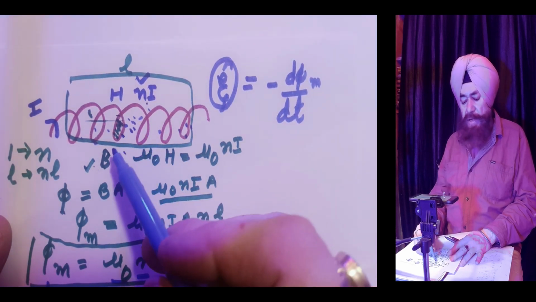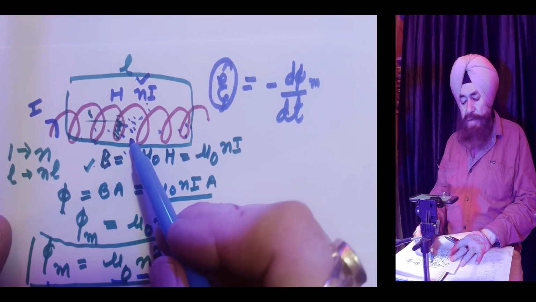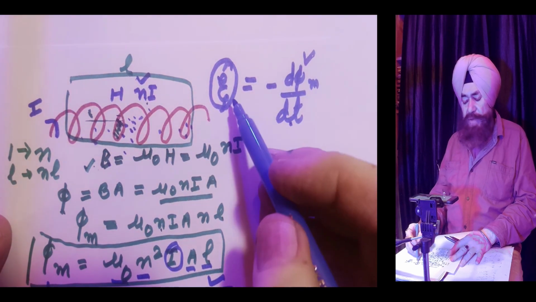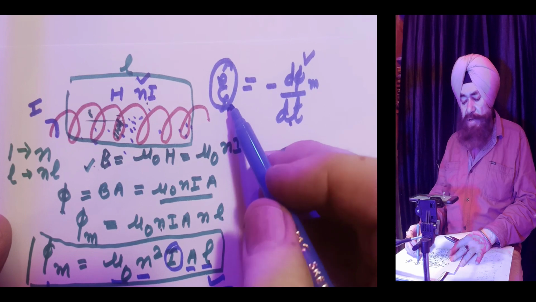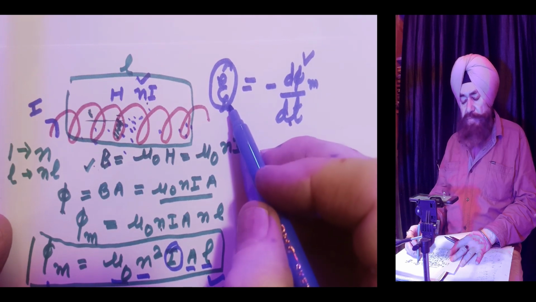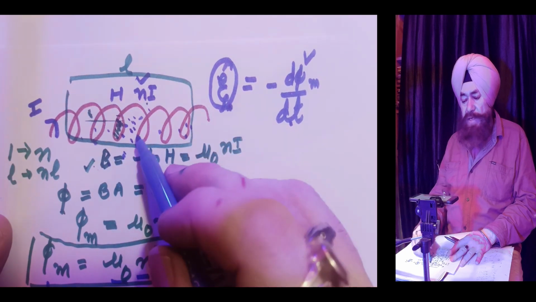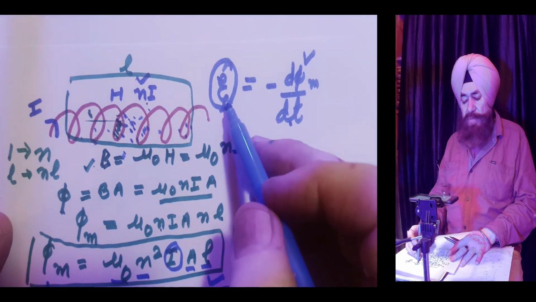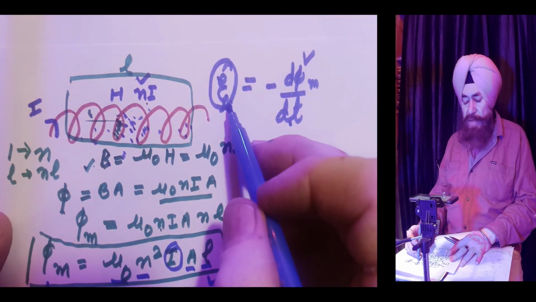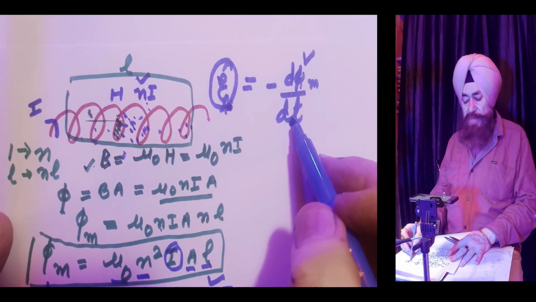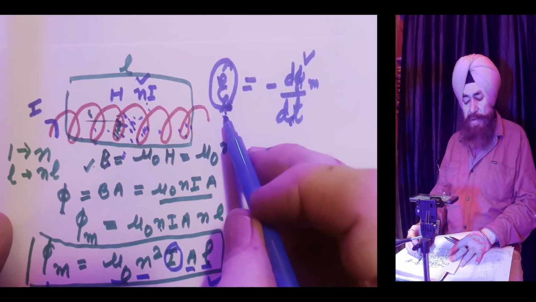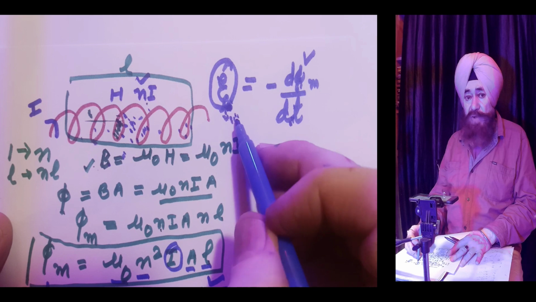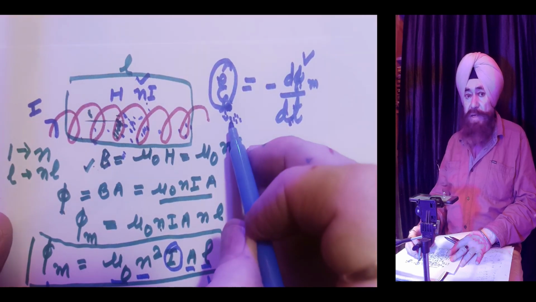Battery current induces B, meaning magnetic flux. Now if that magnetic flux changes with time, another induced EMF develops, which induces another current in the same coil, different from the battery current. This is because of Faraday law. Faraday law states that whenever flux changes with time, there will be an induced EMF and induced current. That induced current will be different from the battery current.